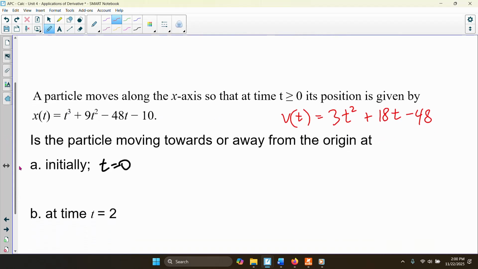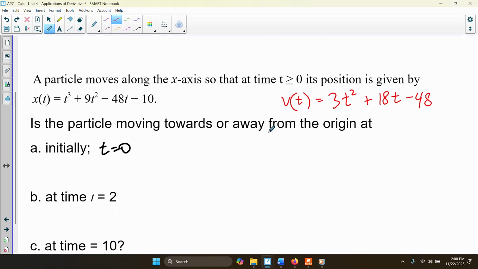Going from here, what is the position? S of 0 is plugging 0 in here, 0 in here, 0 in here, so it's negative 10. So if this is 0, you're over here somewhere, and the question is, are you going to the left or to the right? So velocity at 0 equals, plugging 0 into the velocity function, clearly that's 0, 0, so it's negative 48.